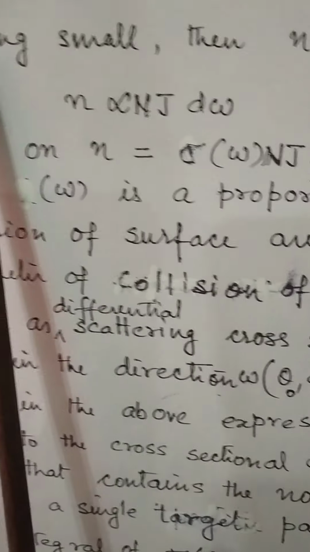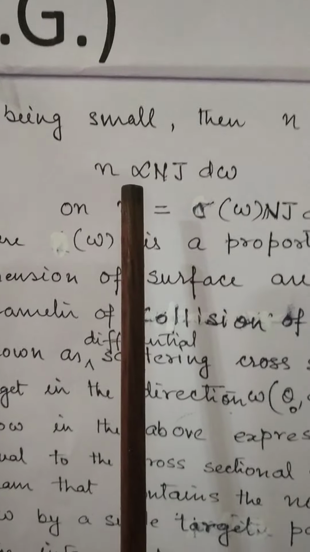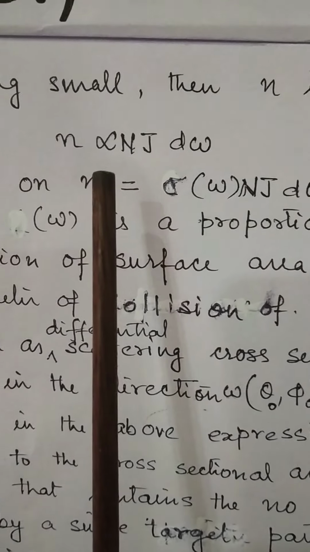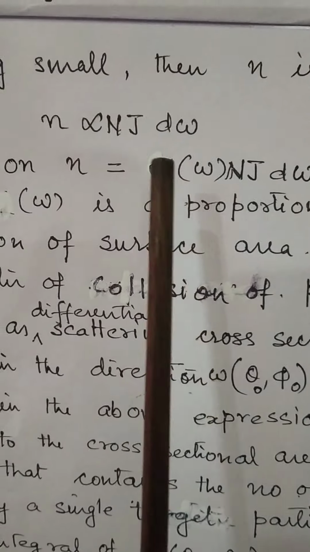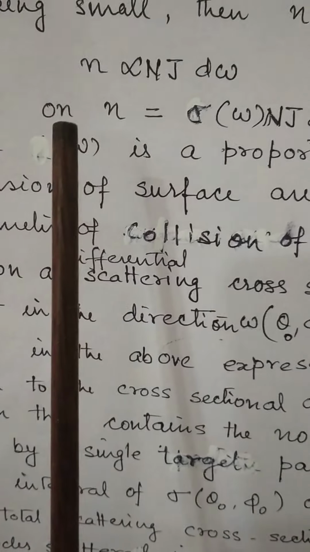Now rho being small, small n is proportional to capital N, J into d omega.